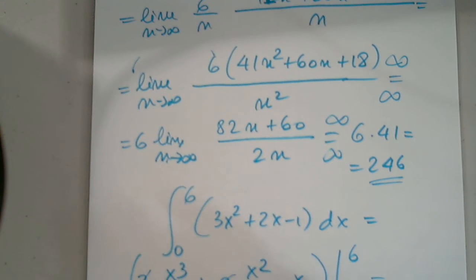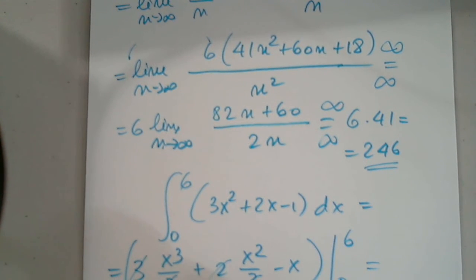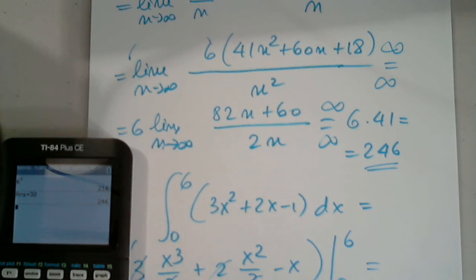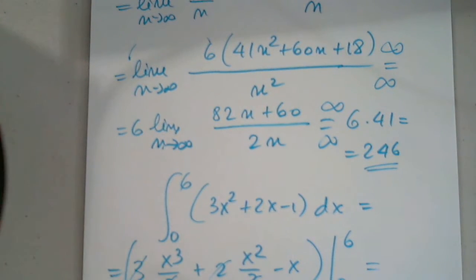So 6 to the third plus 36 and minus 6. So is that 216? Six to the third, yeah, it's 216. Good. And plus 30. It better be 246. Good.